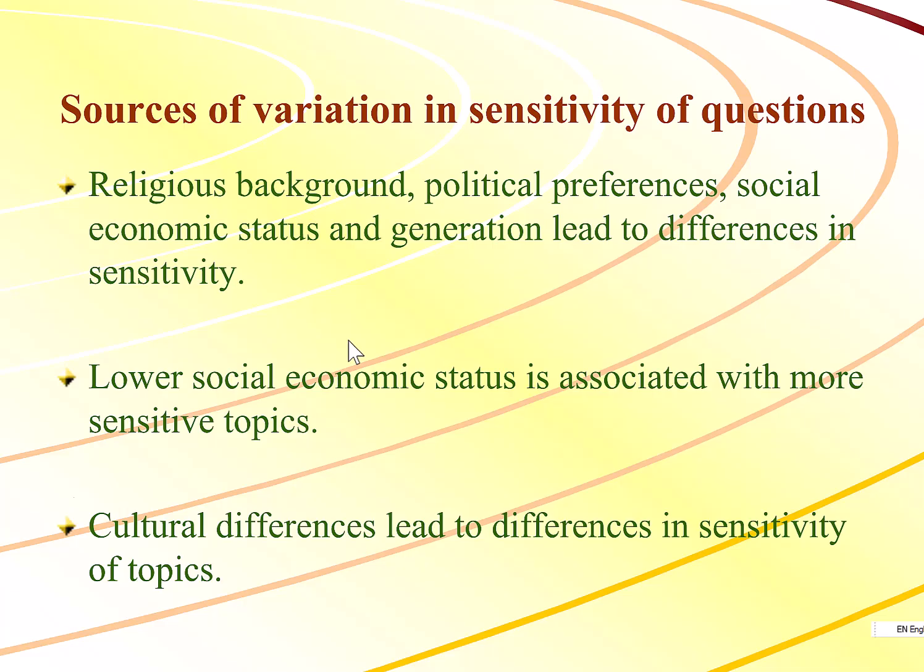Some questions may be sensitive for some groups but not others, and those are hard to identify. Focus groups for pre-testing may allow you to detect that some questions are sensitive, but it is definitely harder to do. Expert reviews may help you as well to detect whether these questions are sensitive.